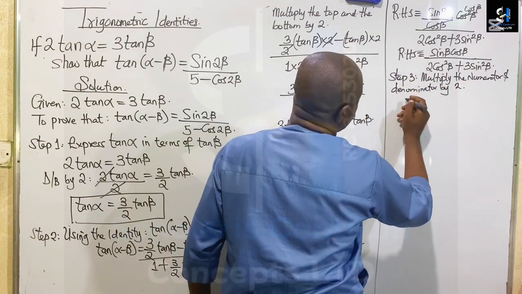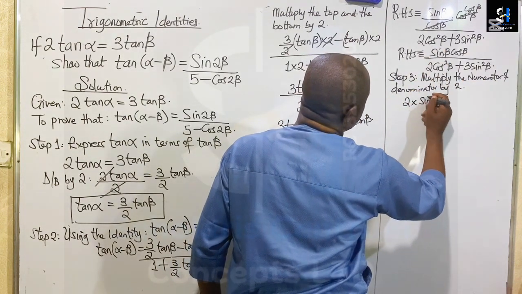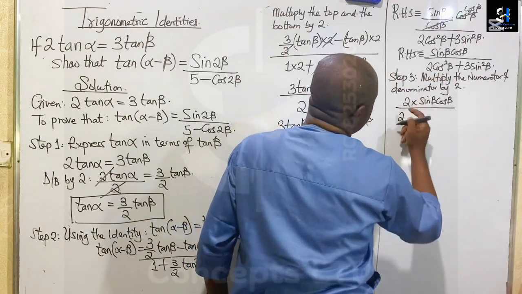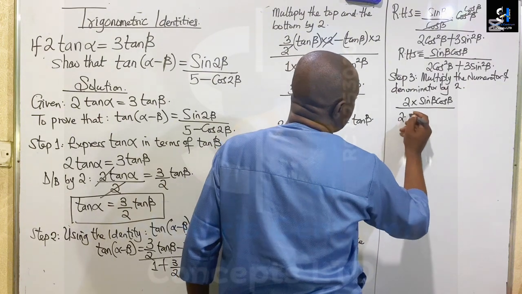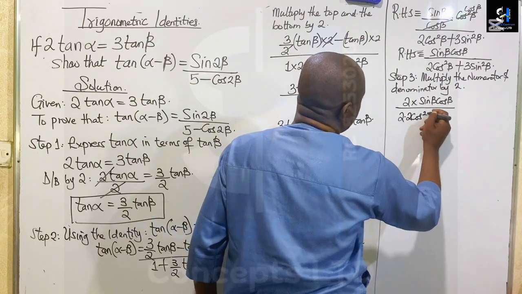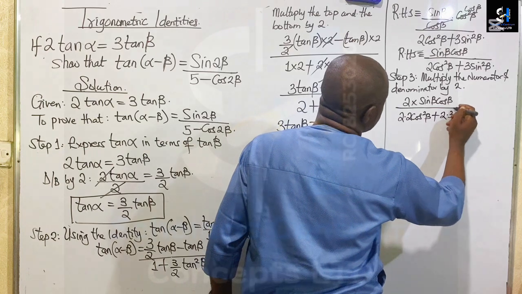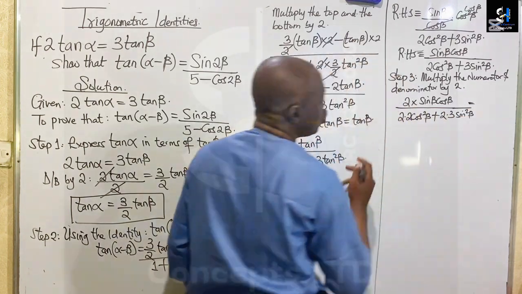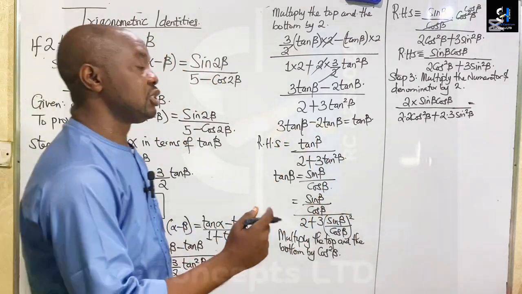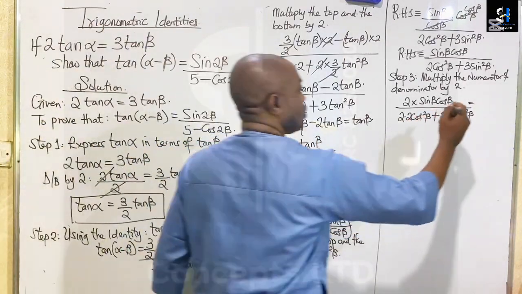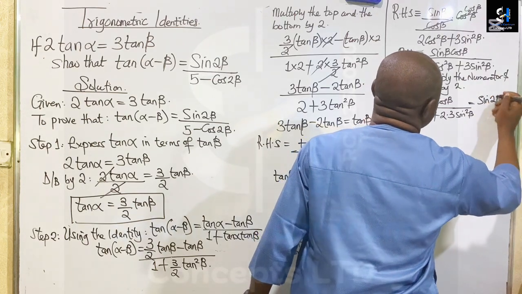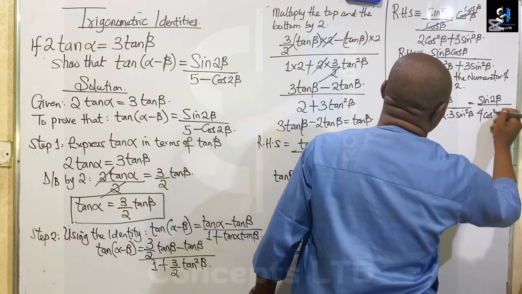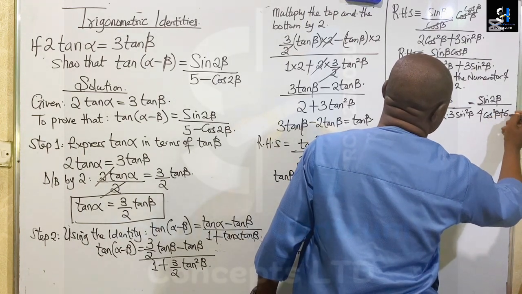When this is multiplied by 2, that will be 2 multiplied by sine beta cos beta, over 2 multiplied by 2 cos squared beta plus 2 multiplied by 3 sine squared beta. So this will now be 2 sine beta cos beta, which is the same as sine 2 beta, and the denominator will be 4 cos squared beta plus 6 sine squared beta.